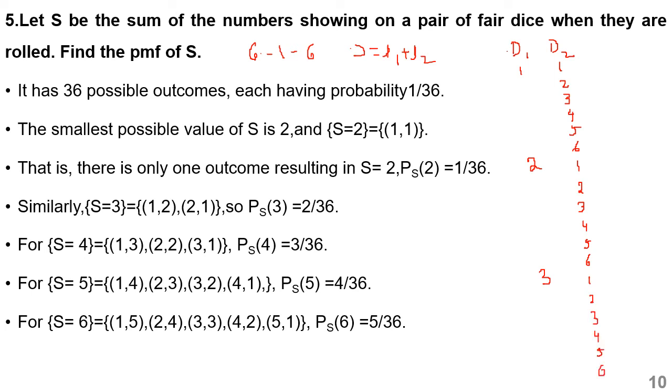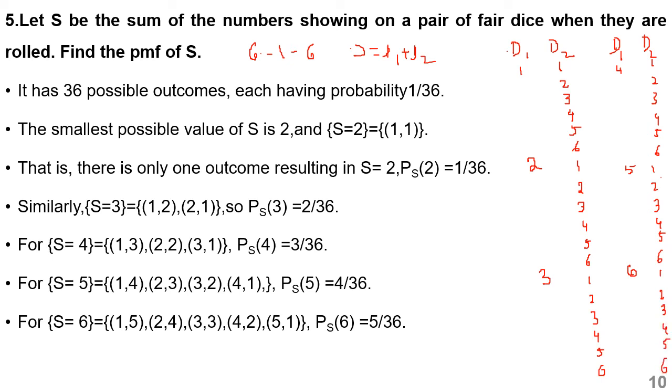And similarly when D1 takes 4, D2 can take 1 through 6. And when D1 takes 5, D2 can take 1 through 6. When D1 is equal to 6, D2 can take 1 through 6.